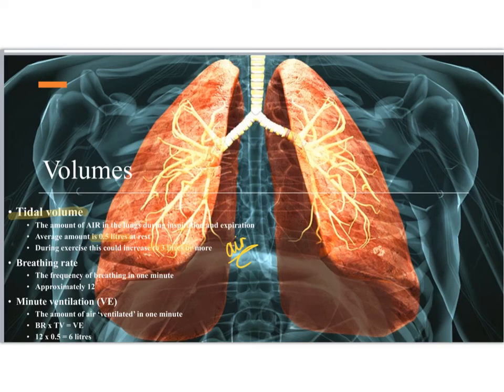It's air. So tidal volume, you may have seen something like this called a spirometer graph. And if I was to be breathing in, it would read how many litres I've just taken into my lungs. If I breathe out, it reads how many litres I've breathed out of my lungs. Breathe in, out.